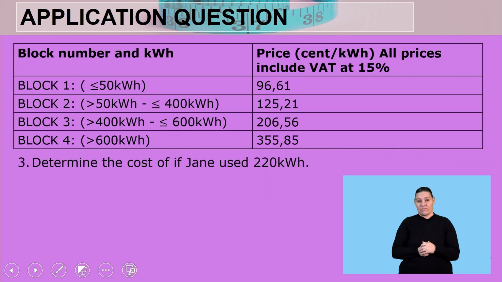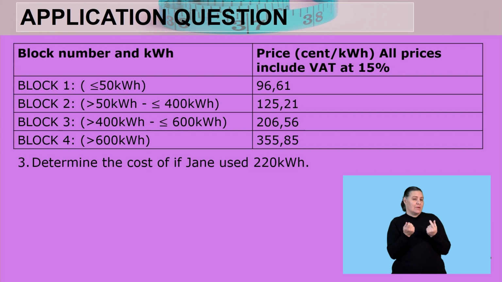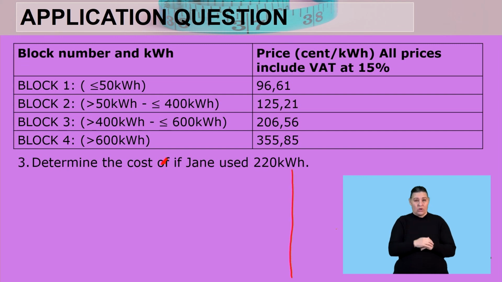Determine the cost if Jane used 220 kilowatt hours. Now we've got to do the tariff stuff. We've got to use the sliding scale. Let's see how that works again. We start with the 220. Just block it off here so we've got some space to work in. Side calculation, 220.